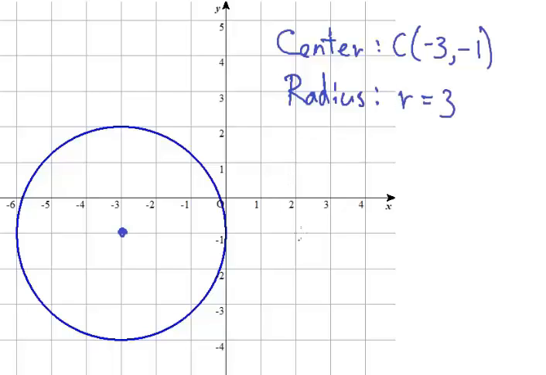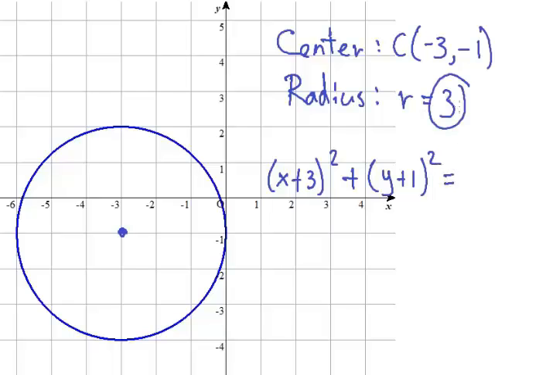And what will be the equation of this circumference? Well, I just need to subtract from each letter the corresponding component of the center. So it will be x minus minus 3. The double minus is going to transform it into a positive, squared, plus y minus minus 1. So that is also going to transform into a positive, equals 3 squared.